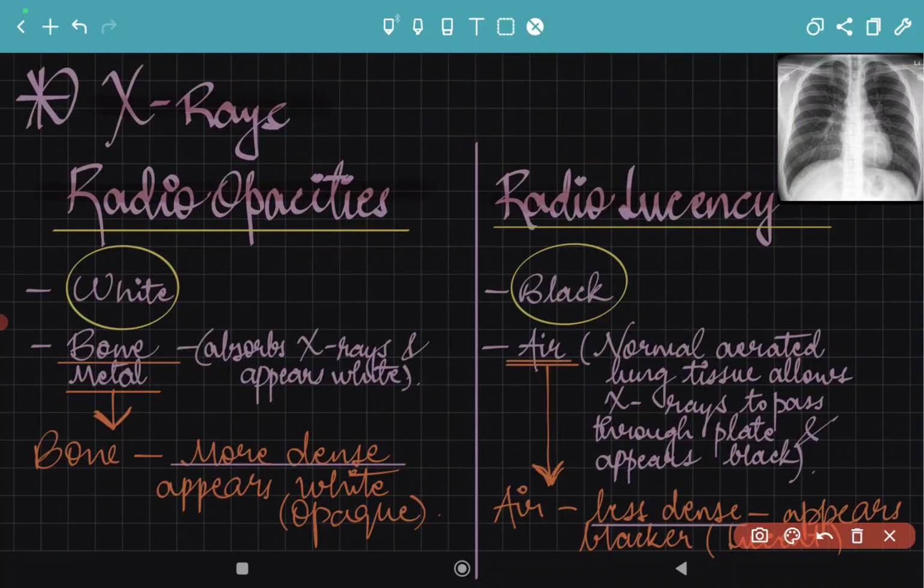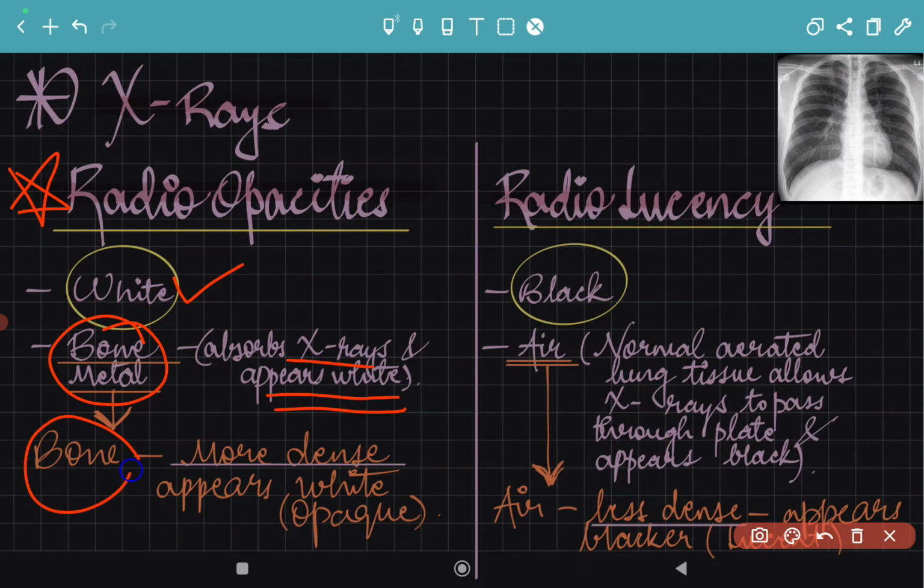Now let's see about radio opacities. That means whiter part. Normally bone or metal, those things will absorb X-rays and they will appear white. So bone appears white or opaque on X-rays. This is because bone is more dense as compared to air.